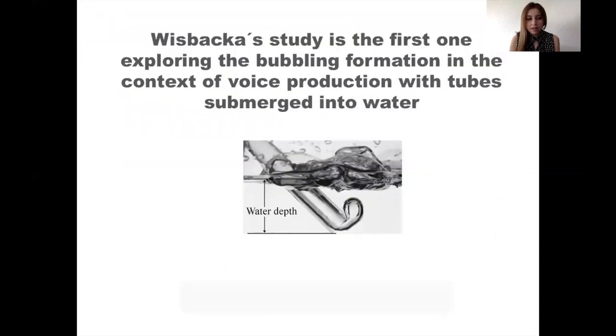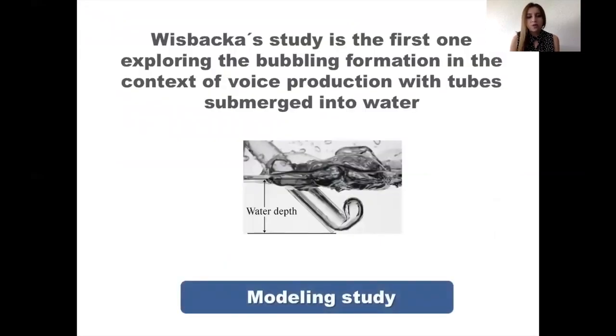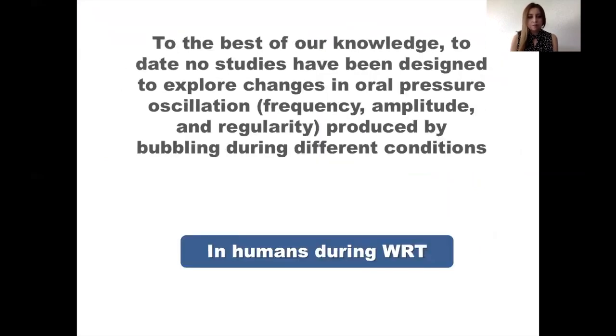This study is the first one exploring bubble formation in the context of voice production with the tube submerged in water. To the best of our knowledge, to date no study has been designed to explore changes in oral pressure oscillation produced by bubbling under different conditions. One important thing is that the present study was performed in humans.